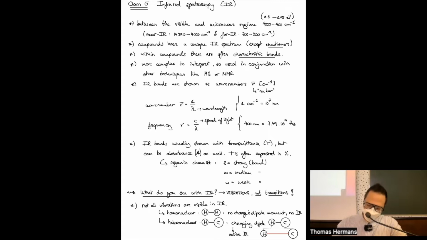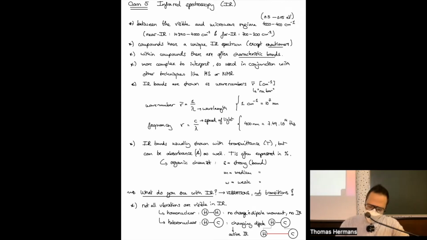And frequency is the speed of light over the wavelength. So for example, 400 nanometers wavelength would be 7.49 times 10 to the 14th hertz. So those are the units.